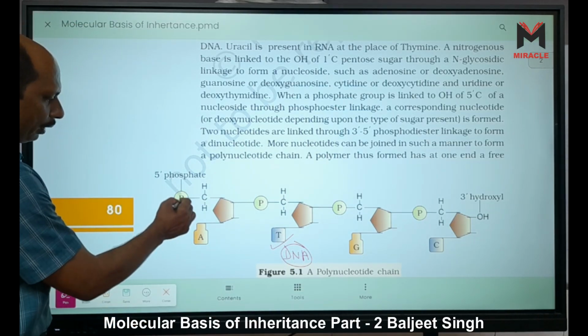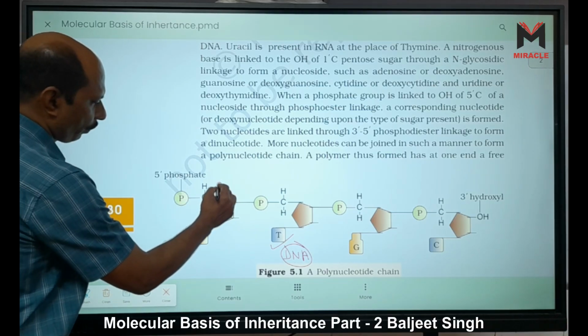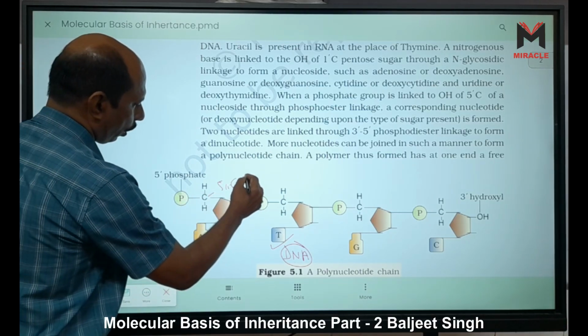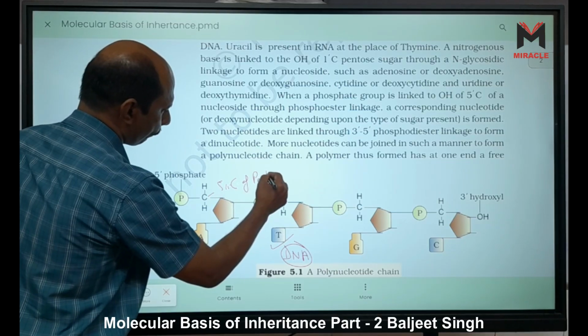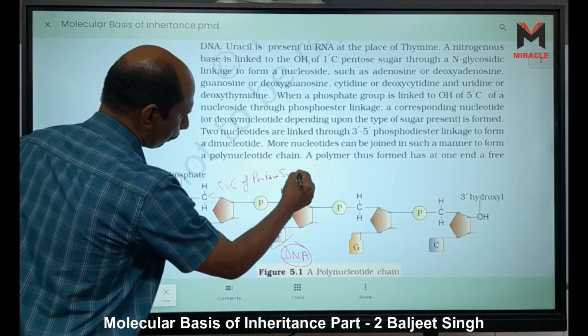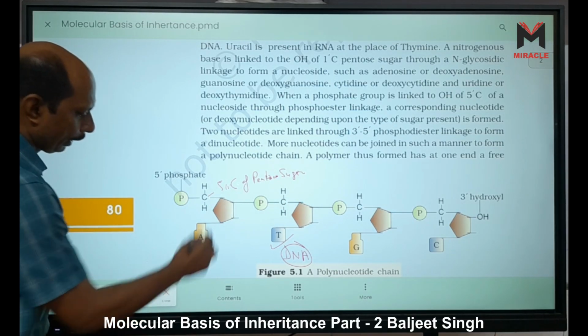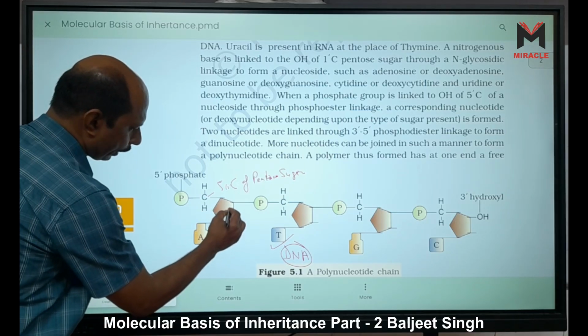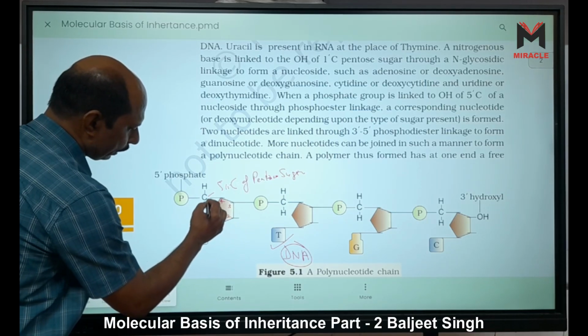On this side, you understand, this is the fifth carbon of the pentose sugar. You can see first, second, third, fourth, and this is the fifth carbon.